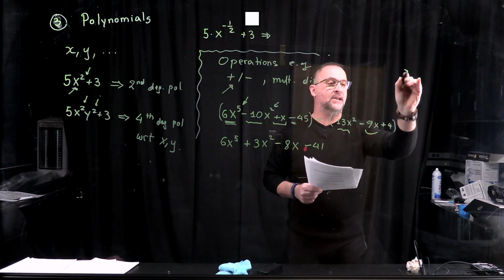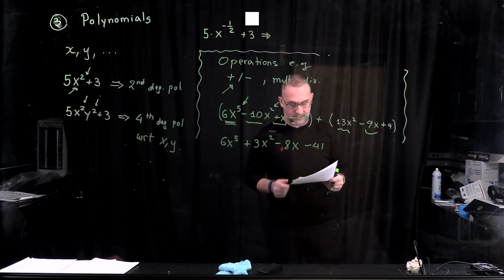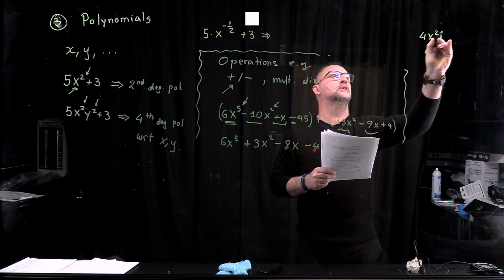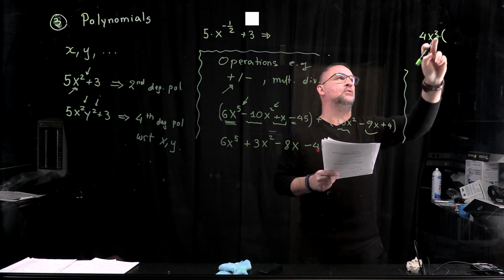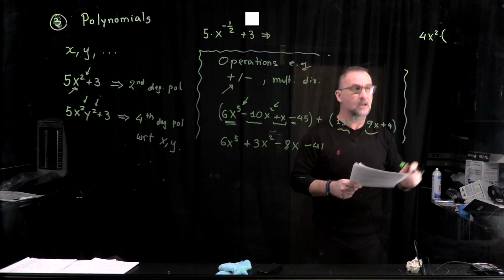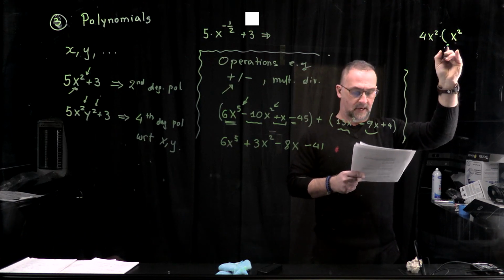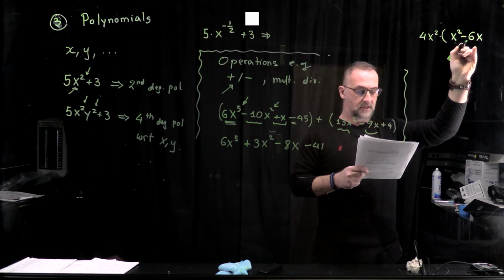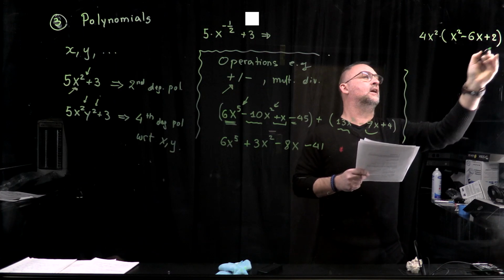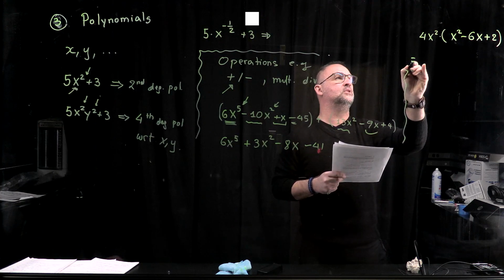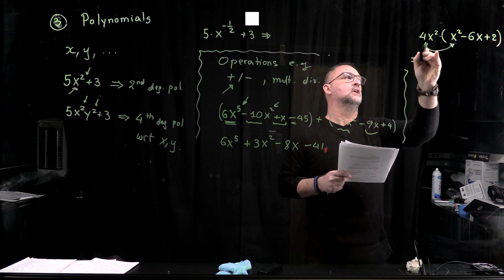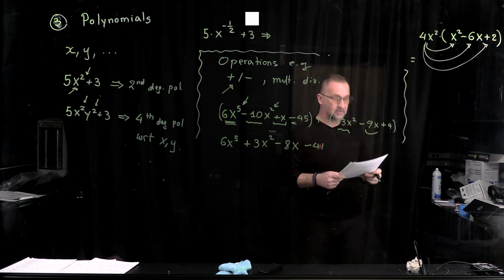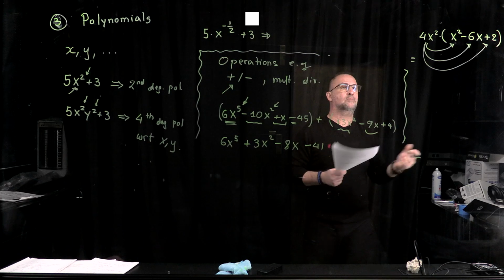In the exact same manner, you can have multiplication, and for instance, 4x squared times, sometimes you will see a dot, sometimes you will not see a dot, x squared inside the parentheses minus 6x plus 2, and we're going to use obviously the distributive law: this times this, this times that, and this times that, and try to keep a tab on the correct numbers and exponents.